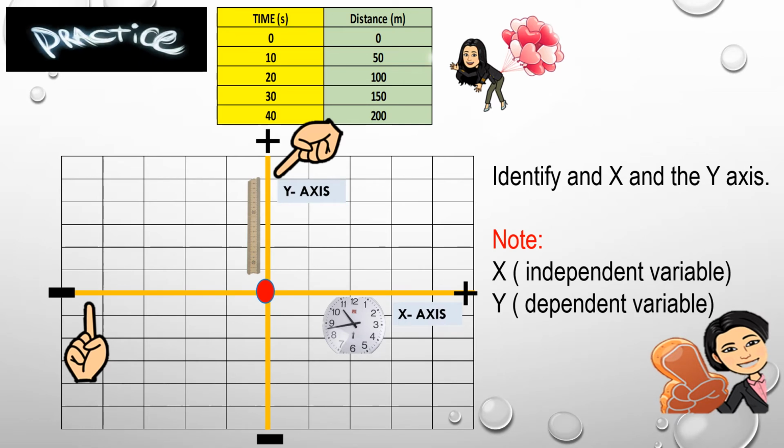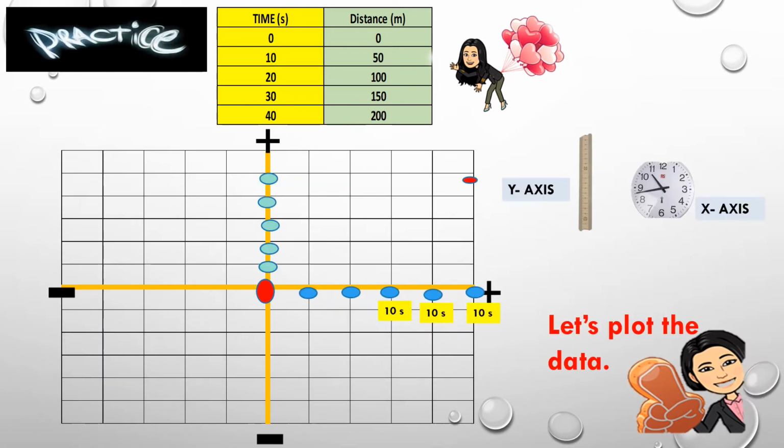Nagkakaintindihan? Ang x laging time. Ang y laging distance. Hindi sila pwedeng magpalit, mamamali kayo. Always remember, ang time ay nasa x-axis. Ang distance ay always nasa y-axis. Reason because, si x is our independent variable, and si y is our dependent variable.